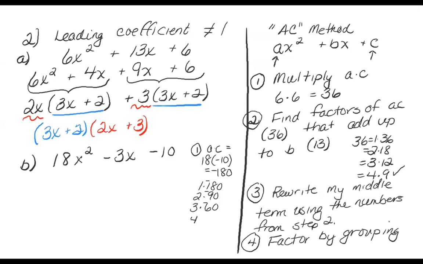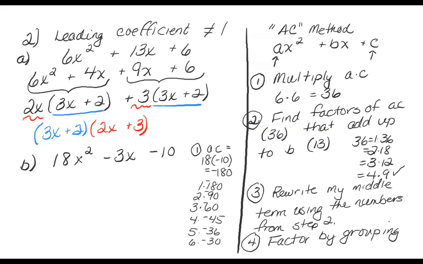4 times something. Does 4 divide into 180 evenly? 45. 4 times negative 45. No. 5 times something. 5 times negative 36. I'm getting closer. Those add up to negative 31. 6 times negative 30.